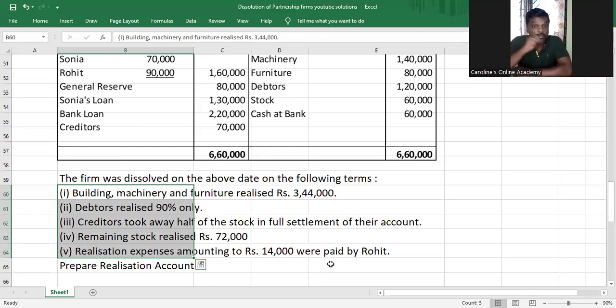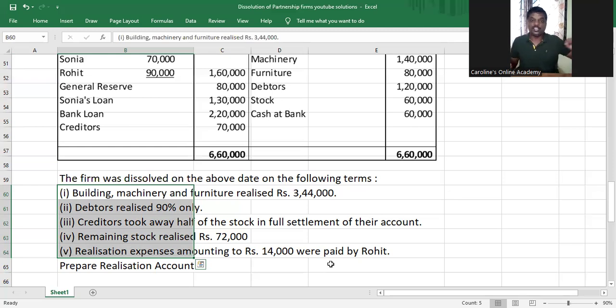But then there is a rule which is given by CBSE in the syllabus itself. It says that if there is no information with respect to how much an asset realized, you have to find out if that asset is a tangible asset or an intangible asset. If it is a tangible asset, the asset would have realized the book value. If it is an intangible asset, you're supposed to assume the realization value to be 0.